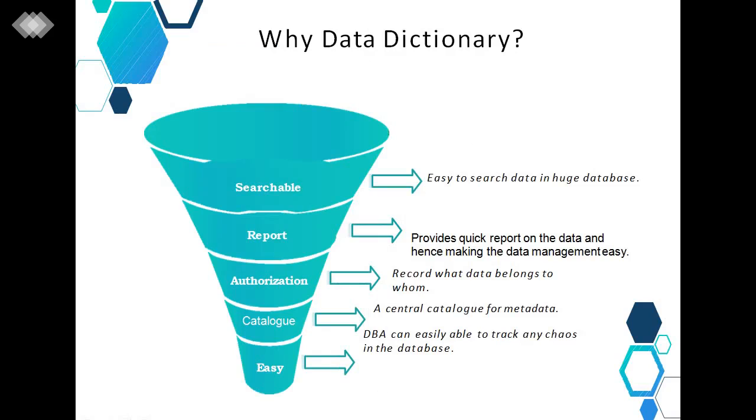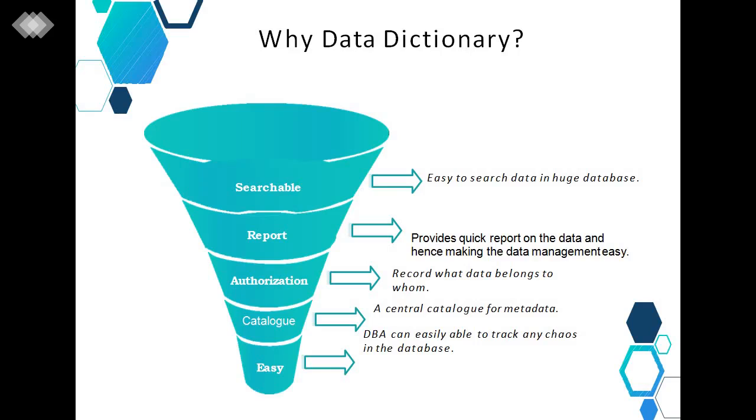So why a data dictionary? These are the points: easy, catalog, authorization, report, searchable. Searchable means it is easy to search data in the database. Report: provide quick reports on the data, hence making data management easy.